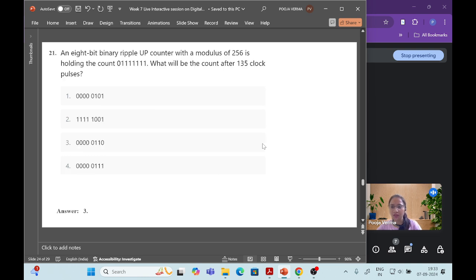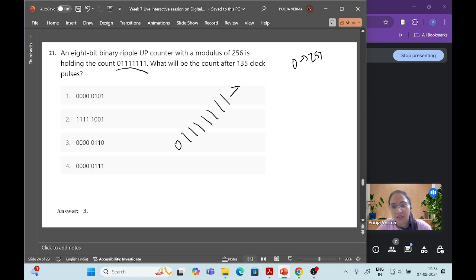So the next question is: an 8-bit binary ripple up counter with modulus of 256 is holding this count. What will be the count after 135 clock pulses? Here it is given an 8-bit binary ripple up counter with modulus 256, right? That means it will count from 0 to 257. Now currently it is holding this count 0, 1, 1, 1, 1, 1, 1, 1.